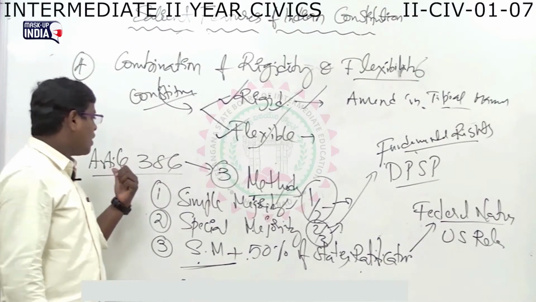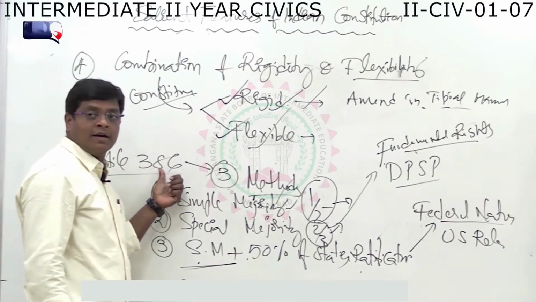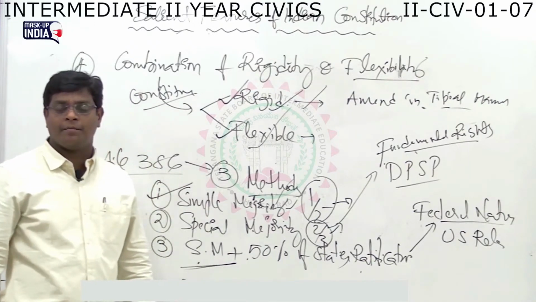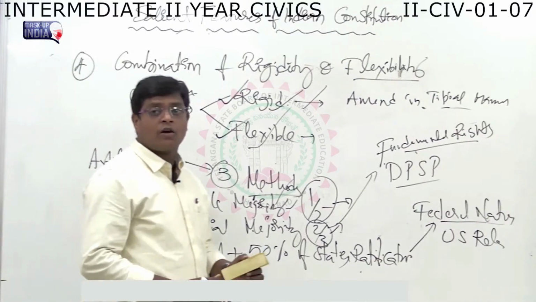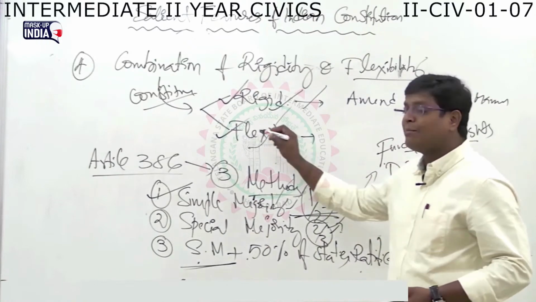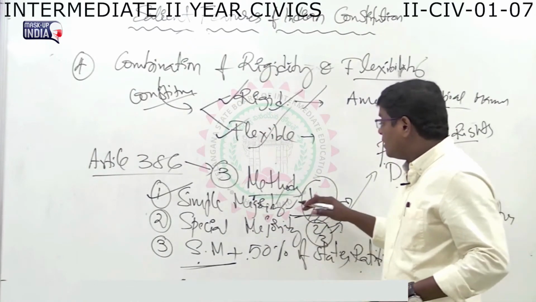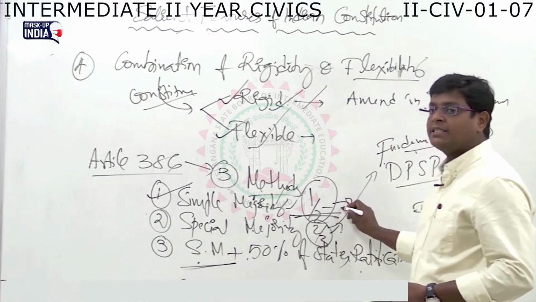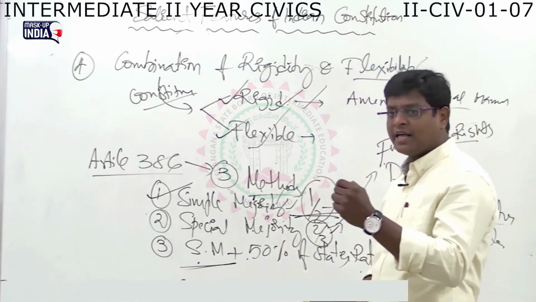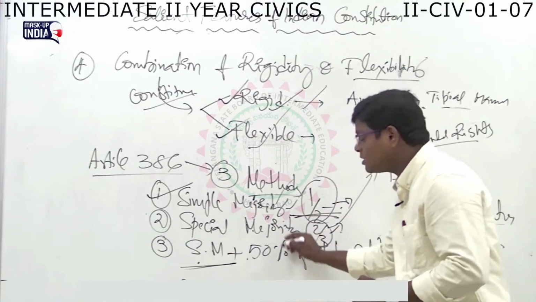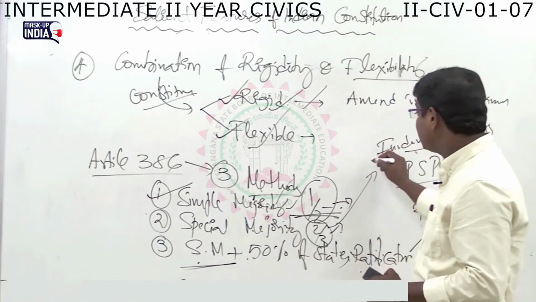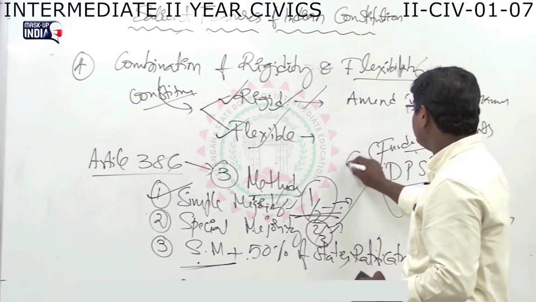Whereas Article 368 did not consider simple majority as an amendment procedure. Originally, the Constitution of India did not consider simple majority as an amendment procedure because by simple majority, the provisions could change like common, ordinary law, whereas these are not ordinary laws. These are special laws. These require two-third majority.